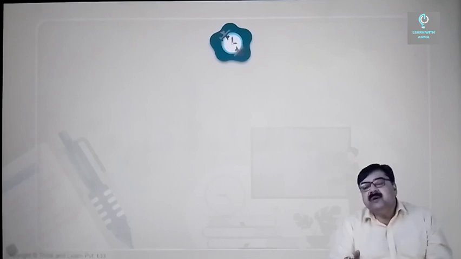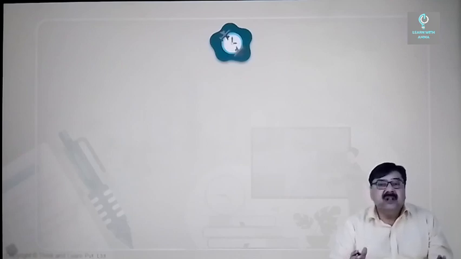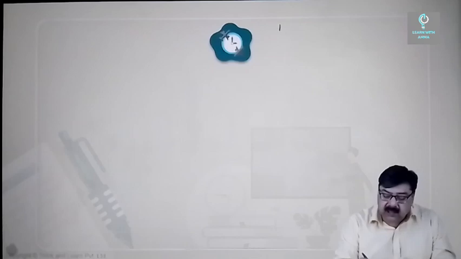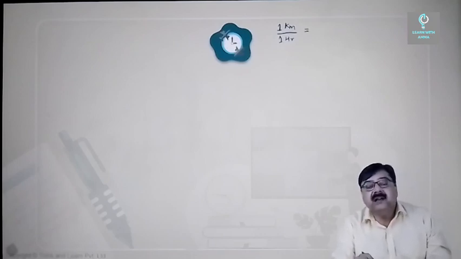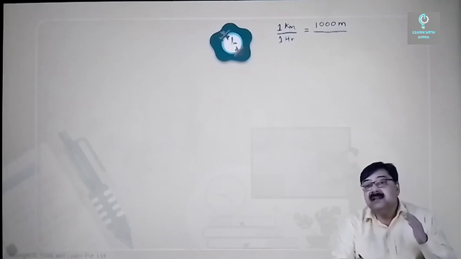Now many a times you need to convert kilometer per hour into meters per second depending on the instructions given in the question. When we talk about a kilometer per hour, it means 1 kilometer by 1 hour, and if we want to convert it into meters per second, we know that in 1 kilometer there are 1000 meters, and in 1 hour there are 60 minutes and each minute has 60 seconds.